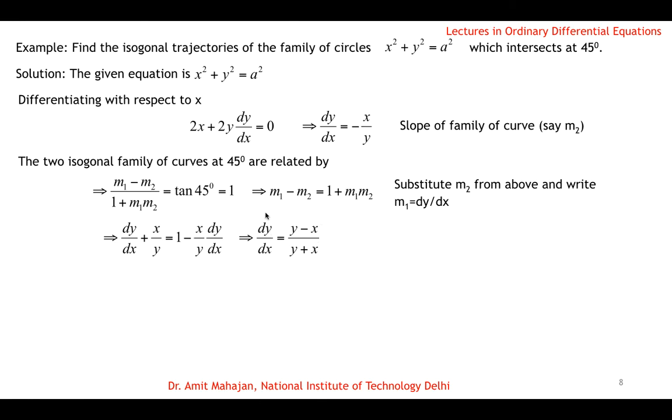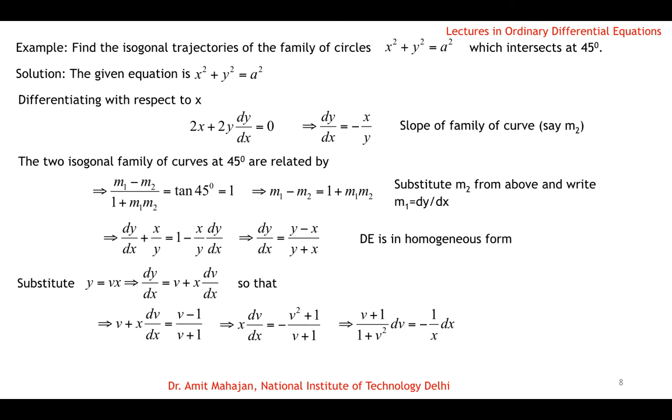Now if we integrate this and find a solution, the solution will be a one parameter family of curves isogonal to these circles. We know that this is a homogeneous equation, so we can put y equal to vx and then integrate.